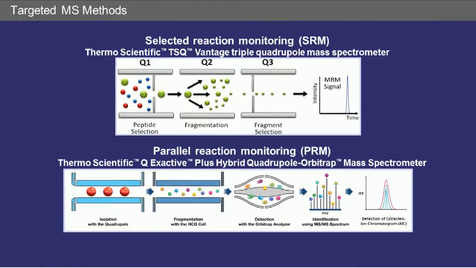The data are then presented as a spectrum and followed by the elution profile, which can then be used for analysis of measurement of the quantitative amount of peptides in the sample.